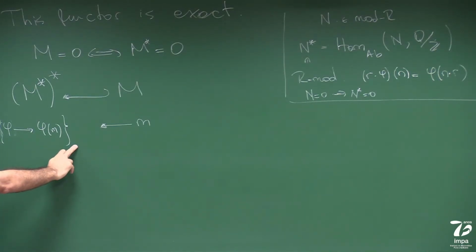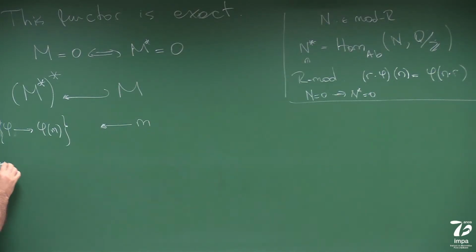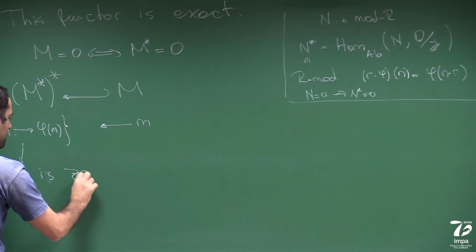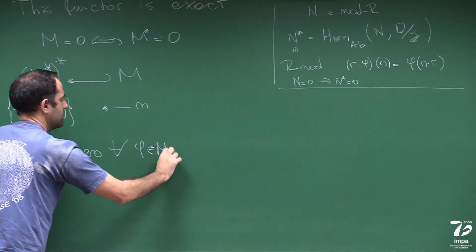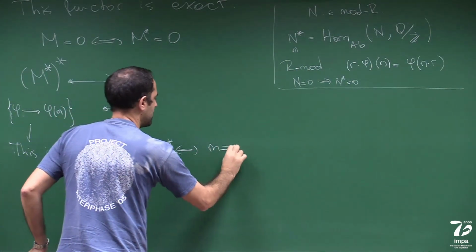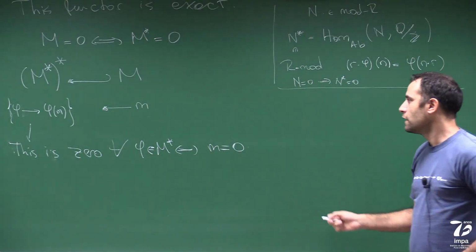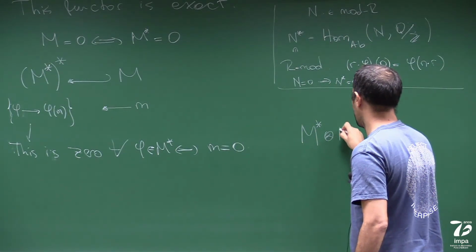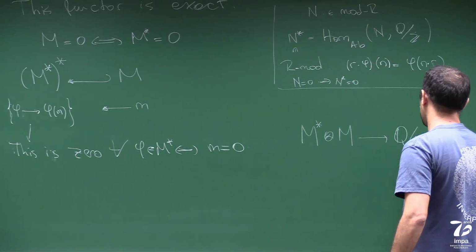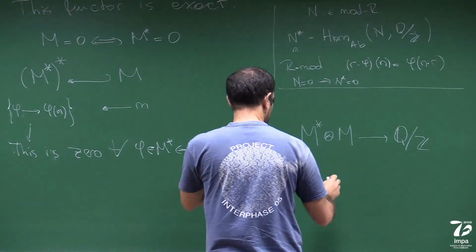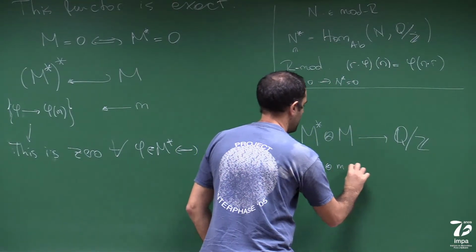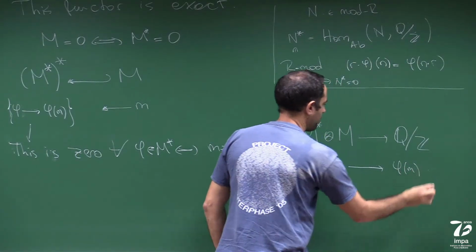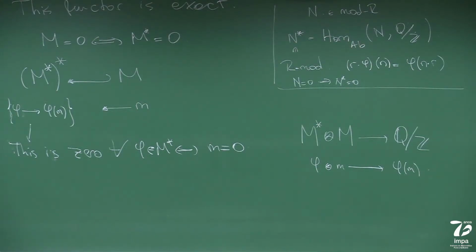This is 0 for every phi in M dual if and only if M is equal to 0. So that's the statement that the pairing between M dual and M to Q mod Z that sends phi to m is non-degenerate in that sense. Okay. So M is 0 if and only if M dual is 0.